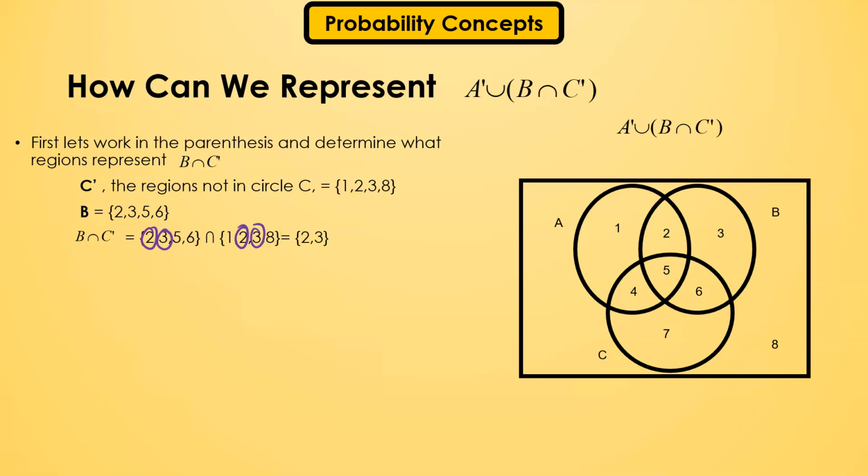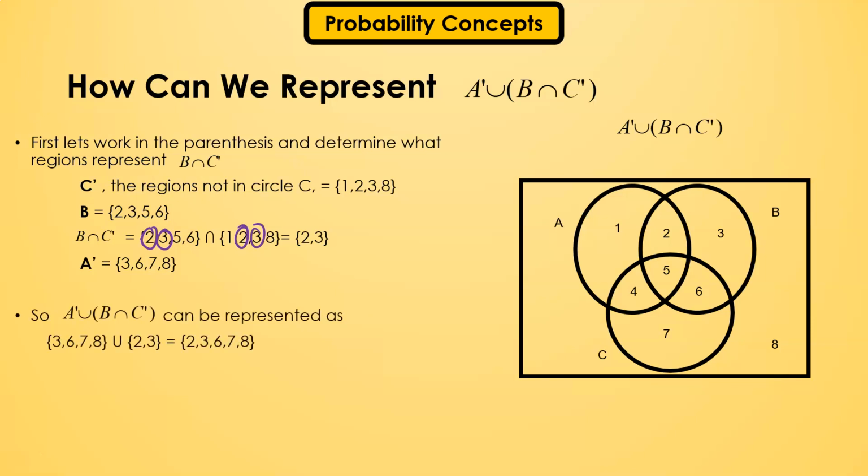The rest we get rid of. Now we know not A from the previous one is 3, 6, 7, 8, but because it's the union, it's everything.